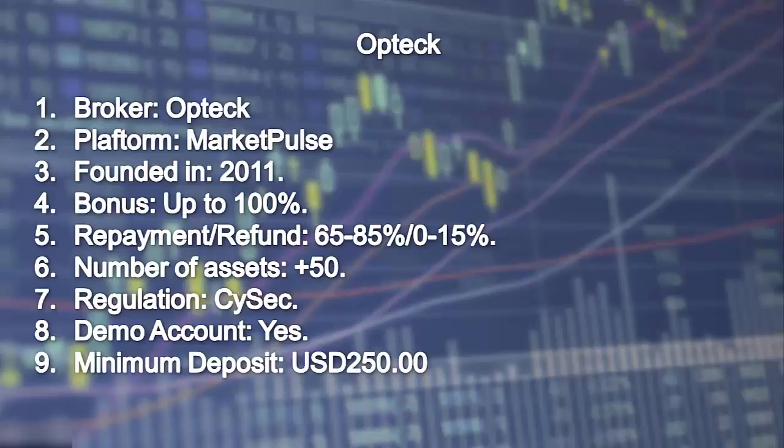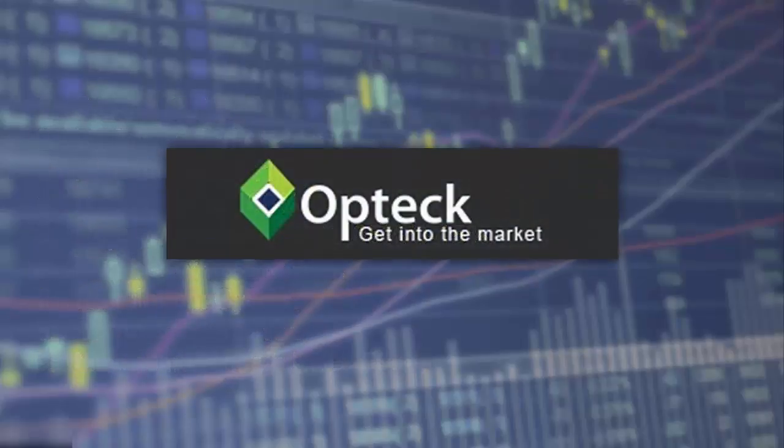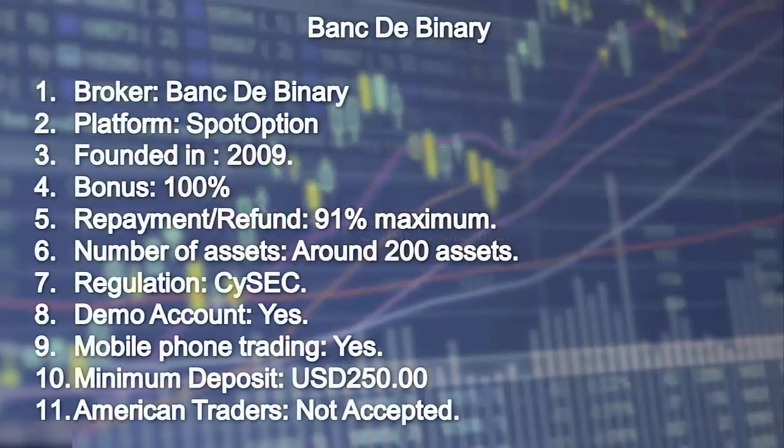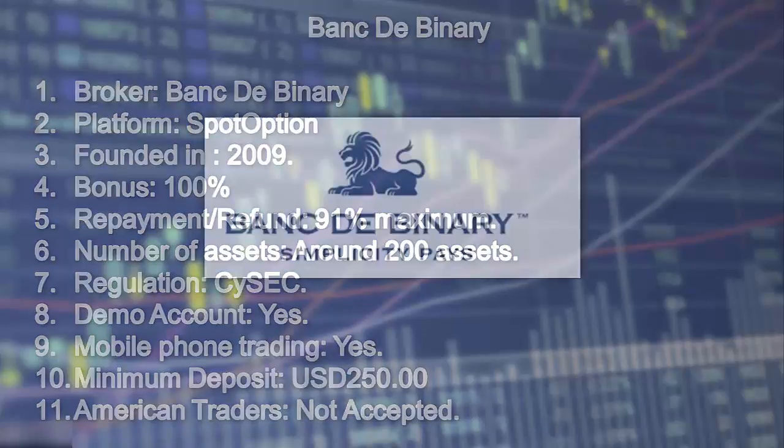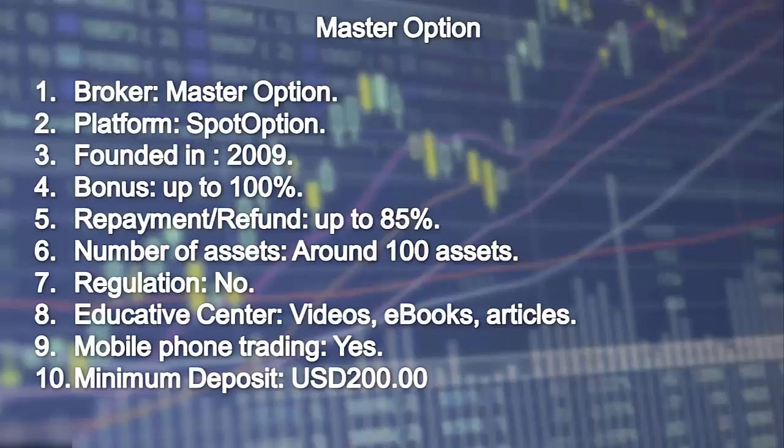Repayment refund, 65 to 85%. Plus 50 assets. Regulation, SISEC. Demo account, yes. Minimum deposit, 250 United States dollars. Bank to Binary, platform Spot Option, founded in 2009. Bonus, 100%. Repayment refund, 91% maximum. Around 200 assets. Regulation, SISEC. Demo account, yes. Mobile phone trading, yes. Minimum deposit, 250 United States dollars. American traders, not accepted. Master Option, platform Spot Option, founded in 2009.